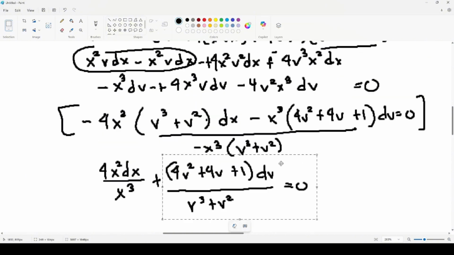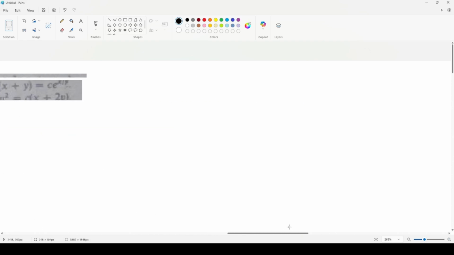Let's separate our fraction to another side.